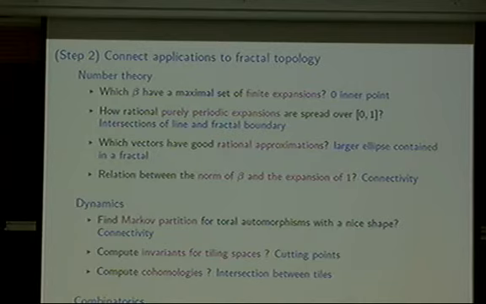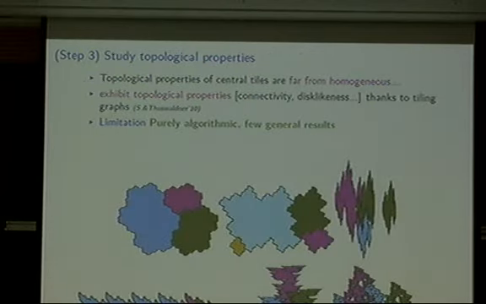Okay, so this may be unclear, but what I want you to remember is that finally, starting from very generic questions, we come back to topological properties of fractals. And this is where we are not happy, because when you look at such fractals, the topological properties are very, very intricate in some sense.